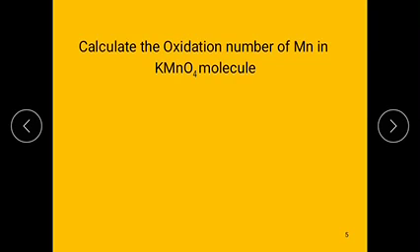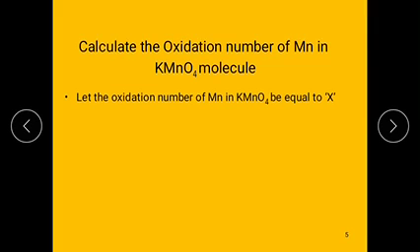Now we discuss one problem. From the examination point of view, a question on the calculation of the oxidation number is compulsorily asked. First of all, we have to calculate the oxidation number of manganese in the KMnO4 molecule.